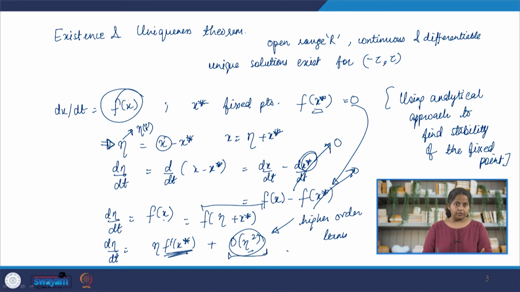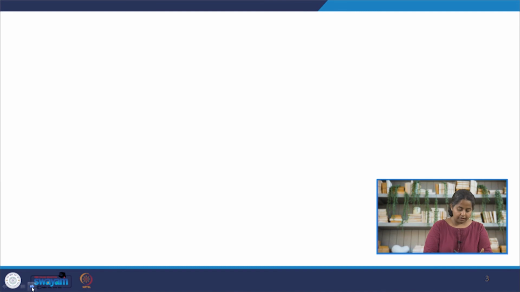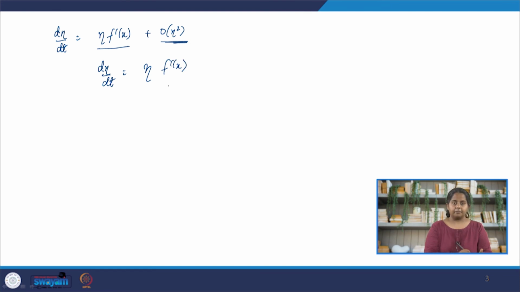If you differentiate dx by dt further, and at the fixed point it is not 0, then you can ignore these higher order terms. So let's take a situation where the rate at which the perturbation is changing, this is negligible compared to this because f dash x is not 0. So we can approximate that the rate at which the perturbation is changing is given by the perturbation times f dash x.